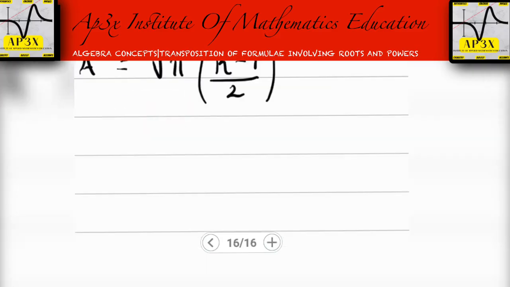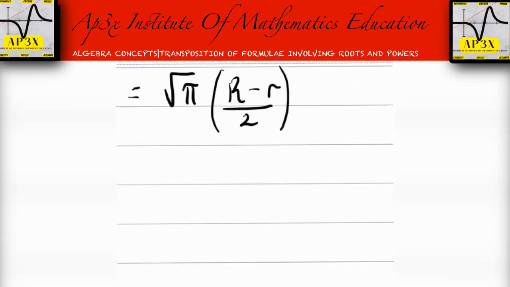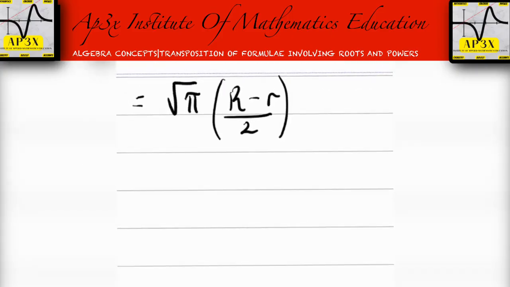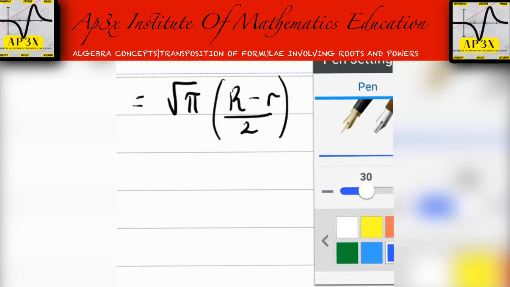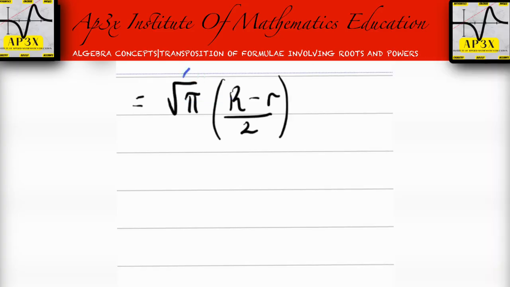Now let's transfer this information to the other side. So we have this equation, and now we have to distribute. I'm going to distribute the square root of pi here and here.